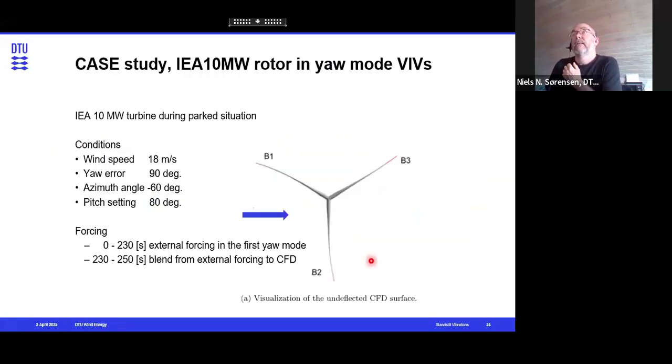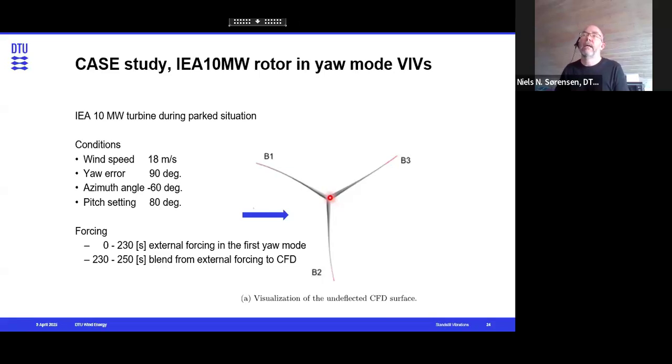Yeah, and then a short example, hopefully, let's see the time, yeah, where we illustrate that it is actually important to look at these problems as rotor problems and not single blade problems. This is a situation where we have 18 meters per second coming from the side.